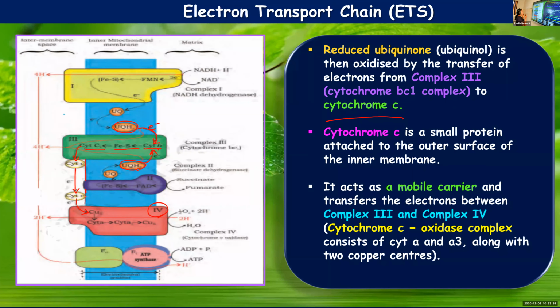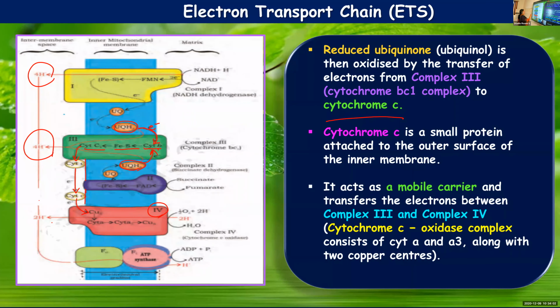So when the electrons are being transferred through these complexes, utilizing the energy, protons will be pumped. Here in the first complex, you can see that utilizing the energy got from the transfer of electrons, hydrogen ions are pumped into the intermembrane space. In complex 3 also you can find protons pumped.